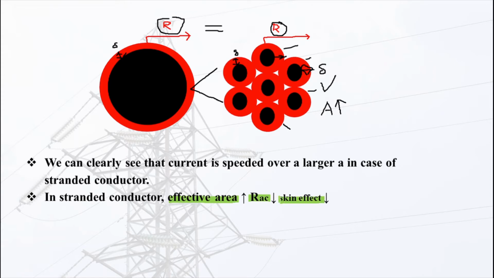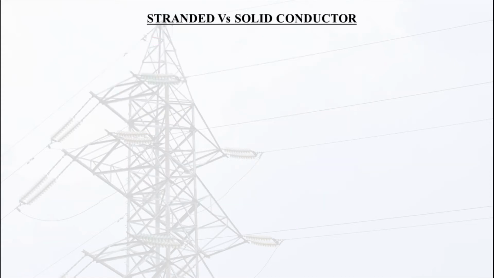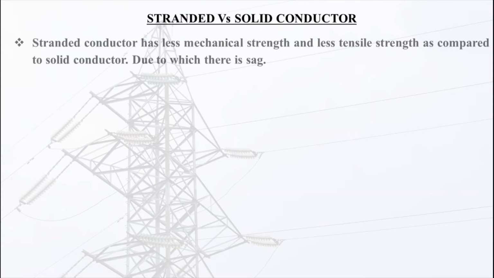Now after this, we will see the comparison of stranded and solid conductors. Due to the number of strands in the same effective radius, stranded conductors have less mechanical strength and tensile strength as compared to solid conductors. Due to less mechanical strength, stranded conductors have a very big problem of sag.